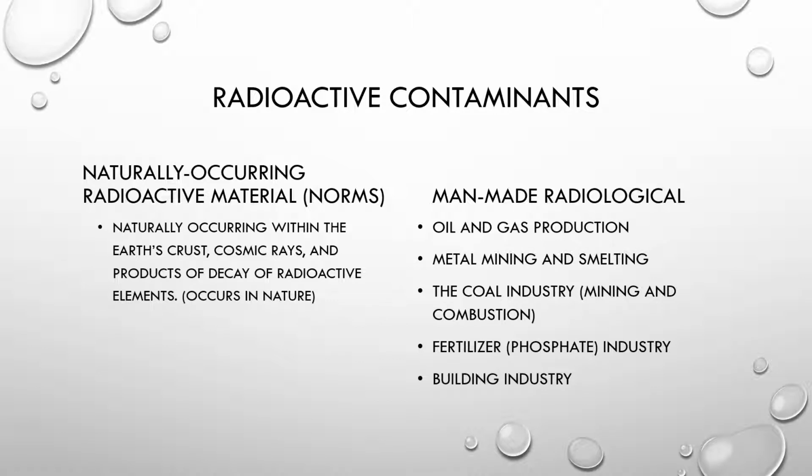The other is man-made. Man-made radiological material can come from oil or gas production, from metal mining and smelting, from the coal industries through mining and combustion, through phosphate fertilizers, and also the building industries can introduce some form of radiological material.